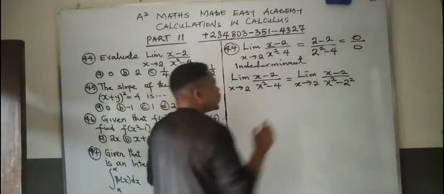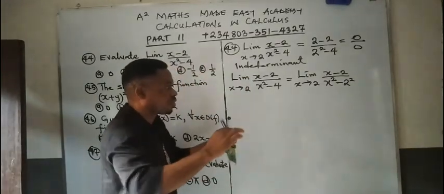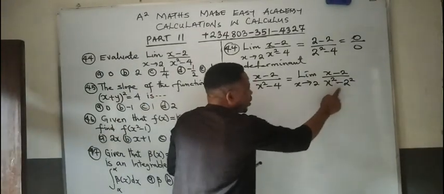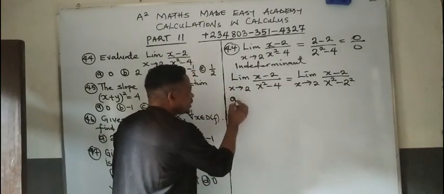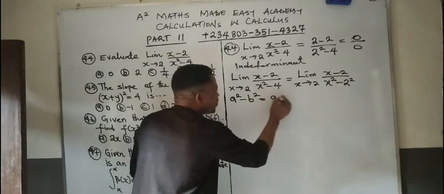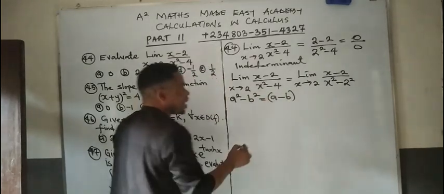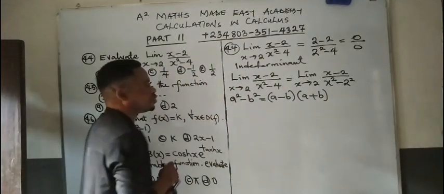The numerator will remain constant, but what you are going to resolve now is the denominator by factorization. Do you know that this is called the difference of two squares? The law is that if you have a squared minus b squared, one factor will be negative and the other one positive. That is exactly what we are going to have here.